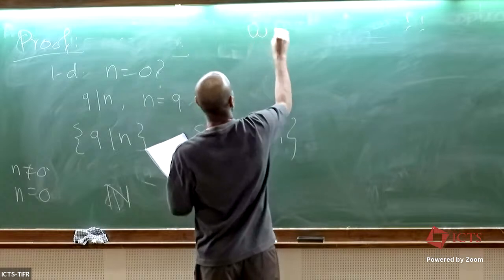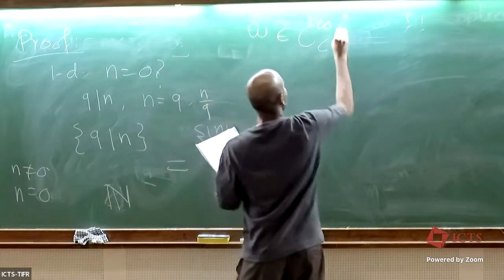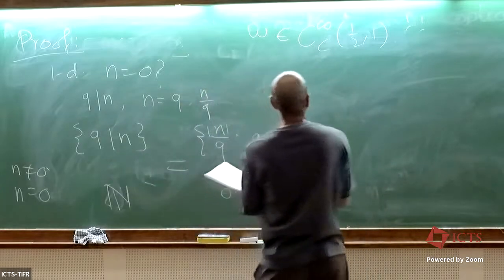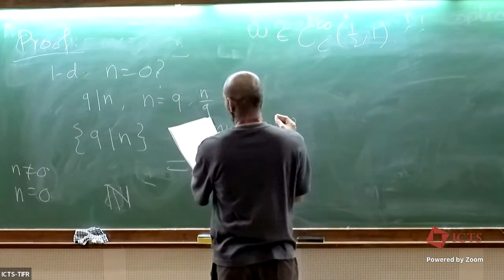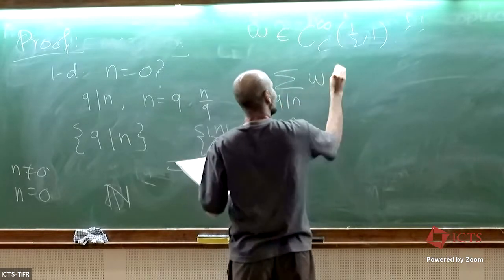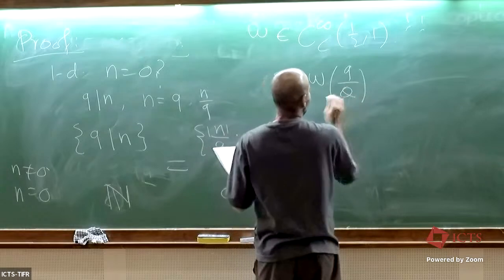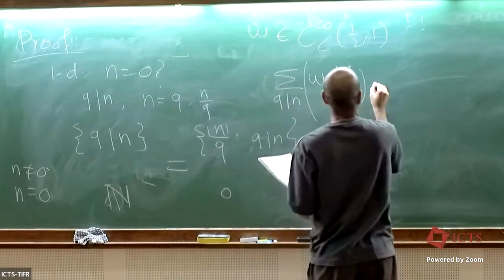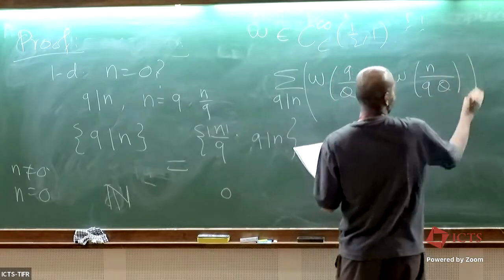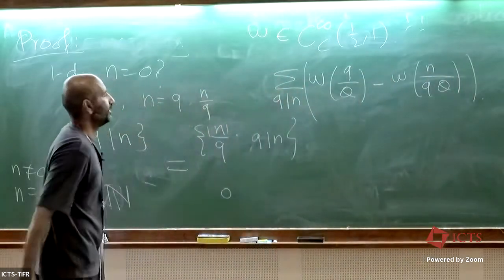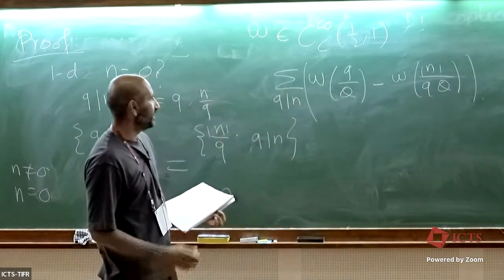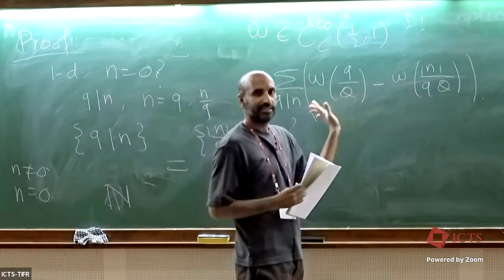a weight function omega, which is supported away from 0, because you want to detect the difference between these two situations, and then you do this same game, and you look at, on one hand, omega of q over q, and on the other hand, you look at the dual divisor, n over q, maybe absolute value. And then as long as n is non-zero, both these vanish, so this is 0.